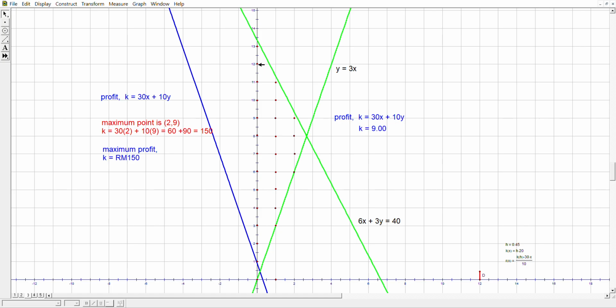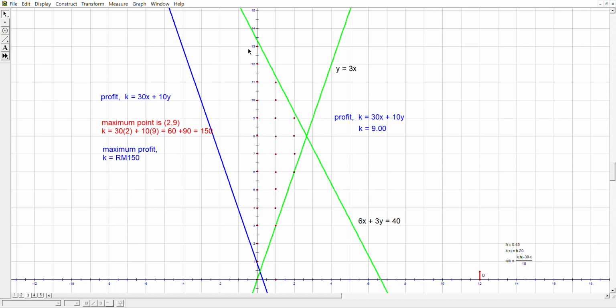Now each point in the region here bounded by the two green lines and the y-axis represents a pair of values.